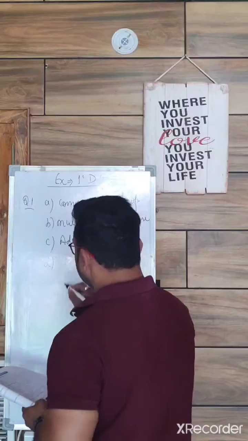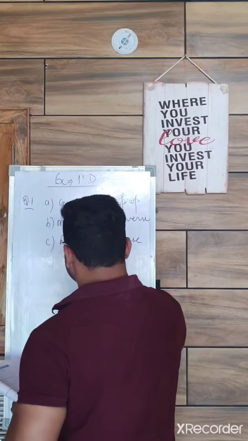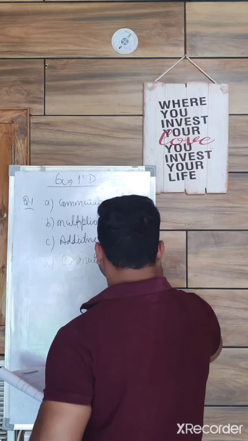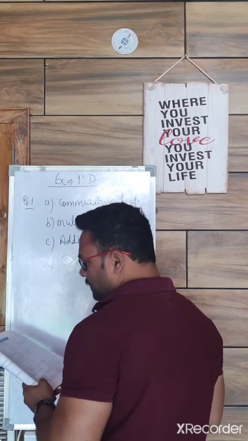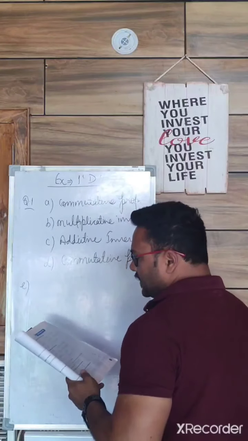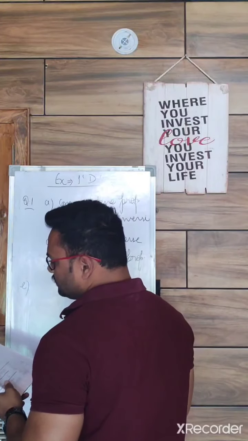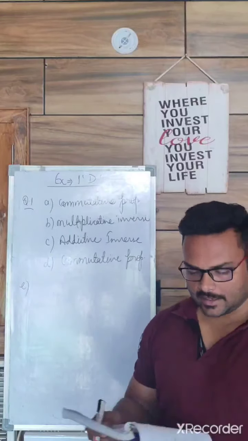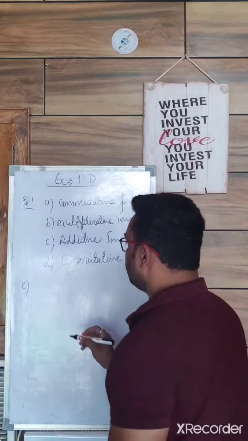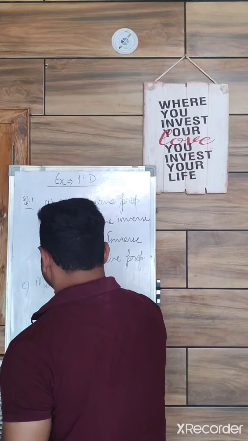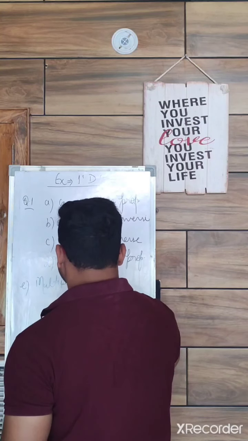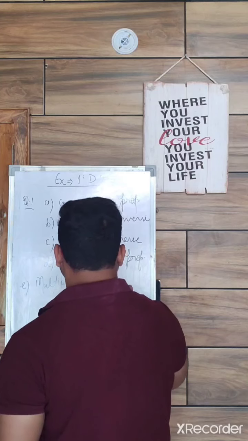D again commutative property. Okay. E: minus 23 by 70 into 1. Property of 1. As I told you, property of 1 is also called multiplicative identity.